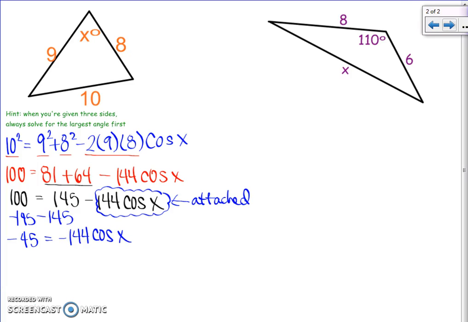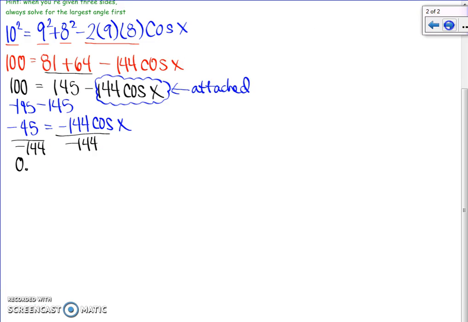Now what? 144? Yeah. Okay, so we're going to get 0 point something. Somebody tell me what that is. Equals cosine x. So we got cosine x alone.